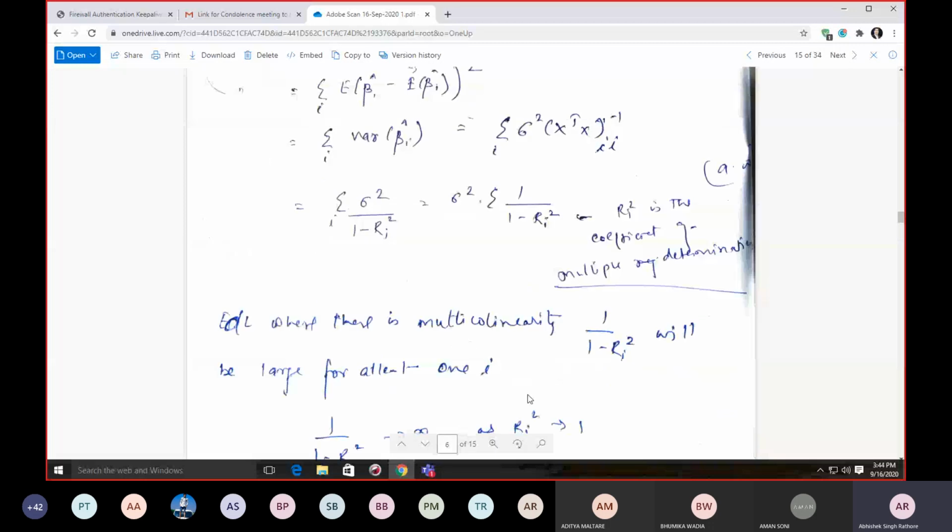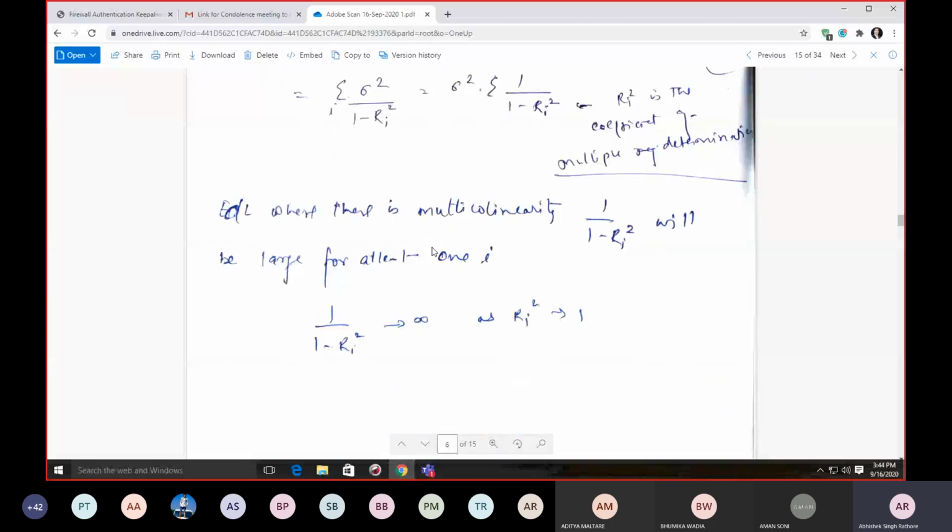Now when multicollinearity exists here, this value will become very large. If it is not exactly 1 but goes close to 1, then our denominator becomes very small. When the denominator becomes very small, it means that the expectation of your least square estimate again moves to infinity.